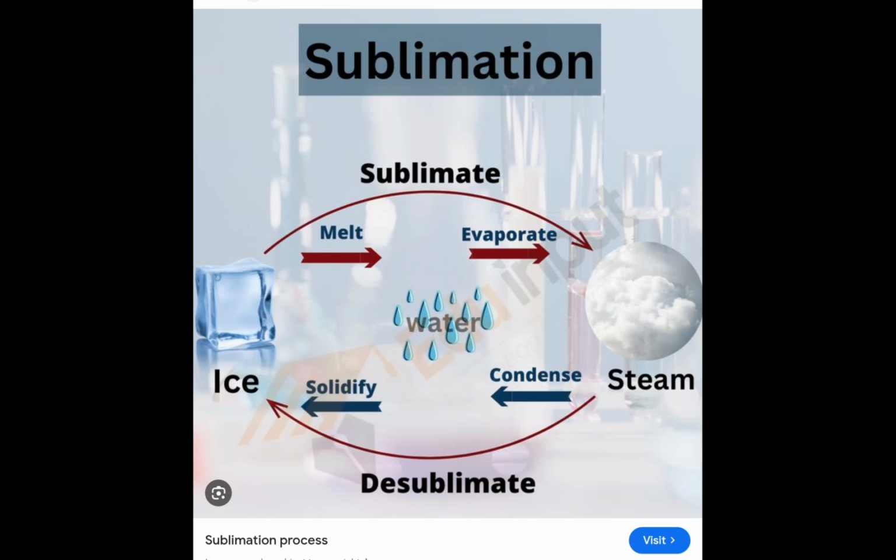Sublimation. Ice, it melts. Melt, evaporate, then condense, solidify, then again it becomes ice. This is sublimation. So remember this image, friends. In the options they gave, that's why I am explaining, showing you images to remember.